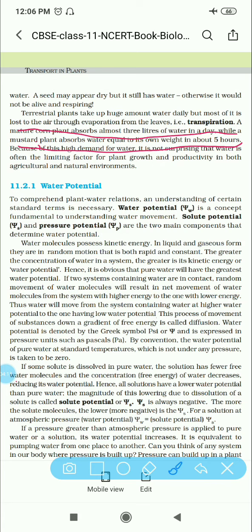They may ask, let's say the weight of the mustard plant is 10 grams, what amount of water will it absorb? Then the answer will be the same: the absorption of water by the mustard plant will be equal to its own weight. So remember that a mature corn plant can lose almost 3 liters of water in a day.